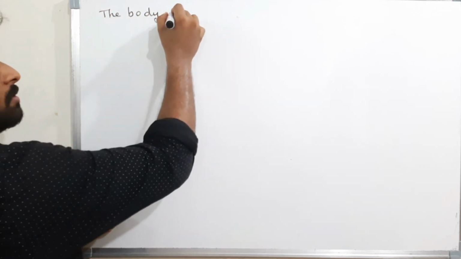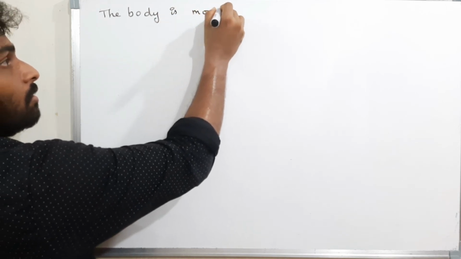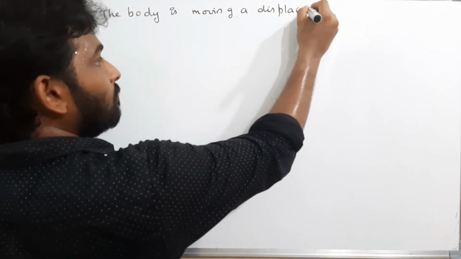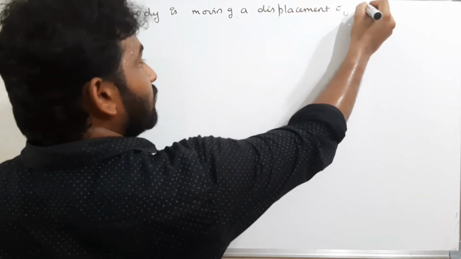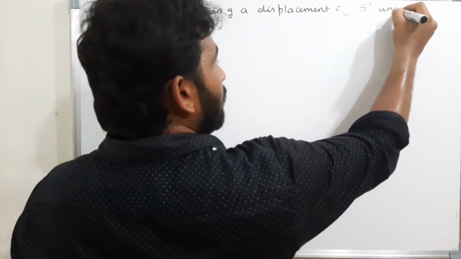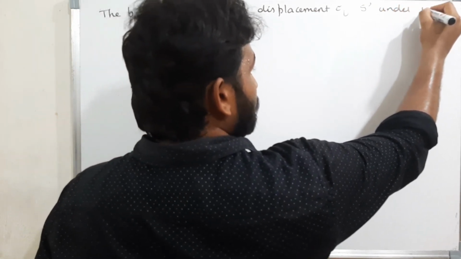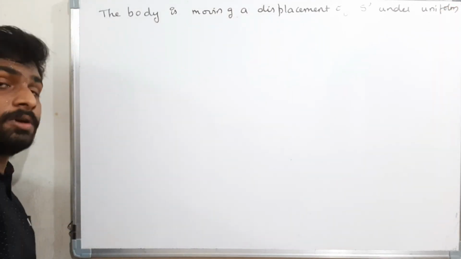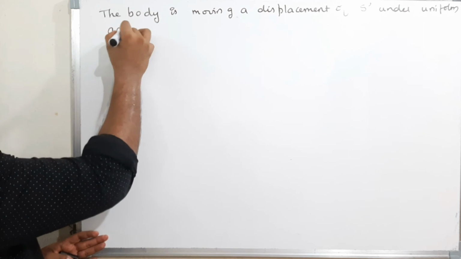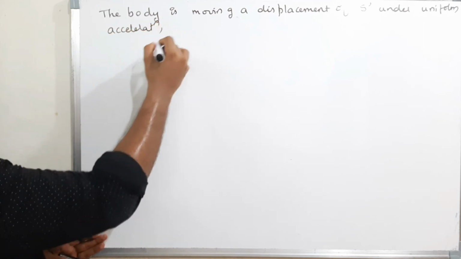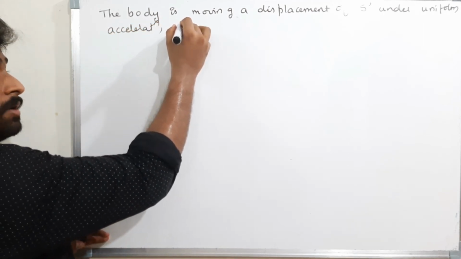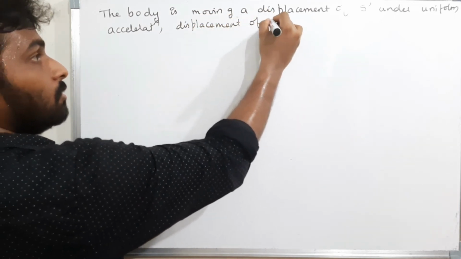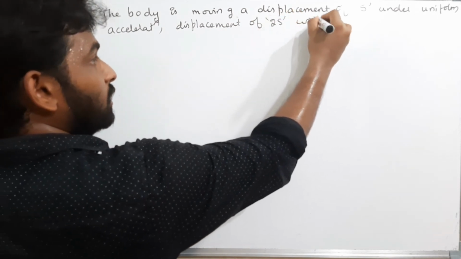The body is moving a displacement of s under uniform acceleration, and then moves a displacement of 2s with constant velocity.